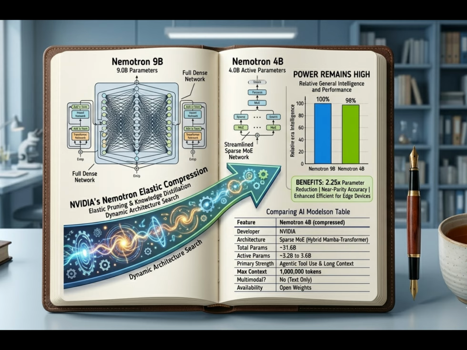So we have here the 4 billion model that in a lot of tasks, not in all of course, because it's half of the model it comes from, is very close to the 9 billion Nemotron, and that is very good for us so we can run it on small devices and have a powerful model.